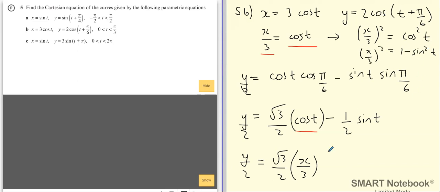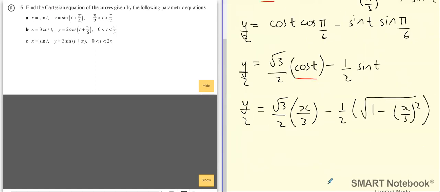And so if I make sine t the subject from that, I get minus a half times by square root of 1 minus x over 3 squared. And now I can multiply the right hand side by 2. So we get root 3. If I multiply everything by 2, essentially the 2 at the denominator cancels out.